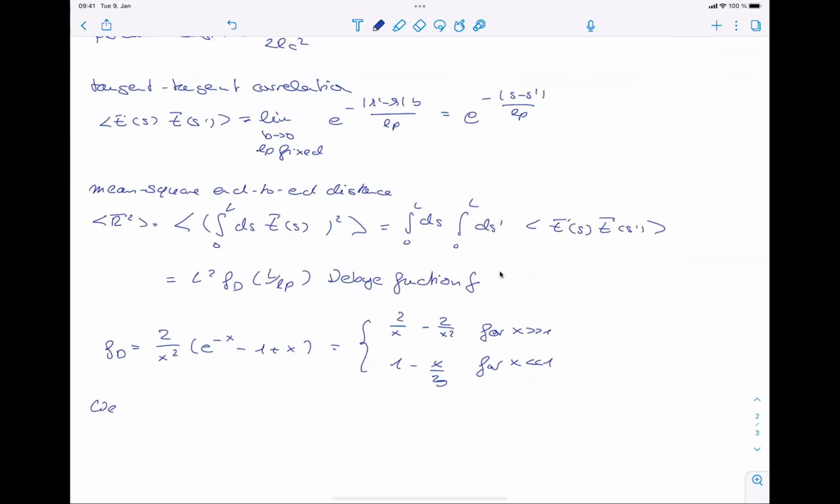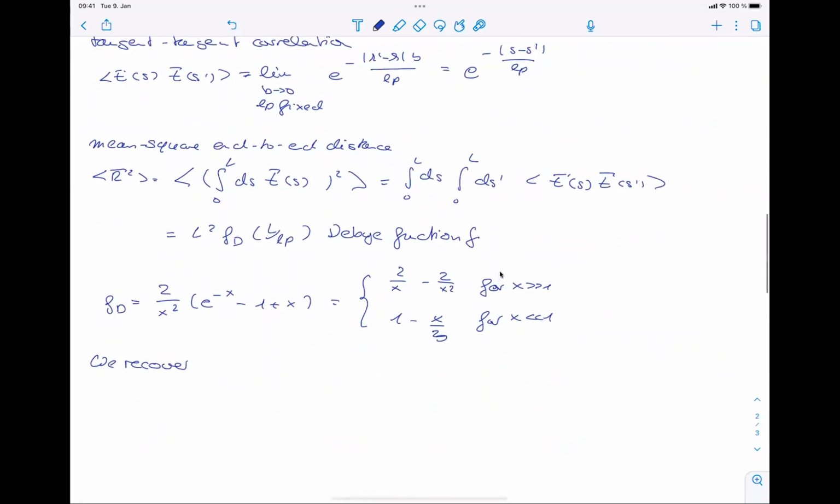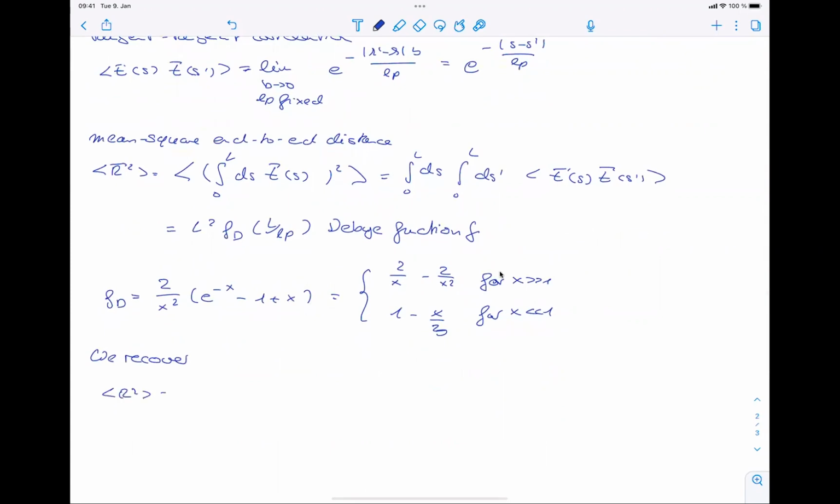And so we then recover that the end-to-end distance obeys the limit of the Gaussian chain for a very flexible polymer and of a rod for a very stiff semi-flexible polymer. So that's the Gaussian chain that we cover here.